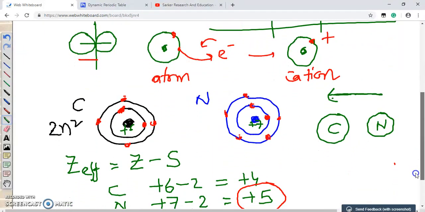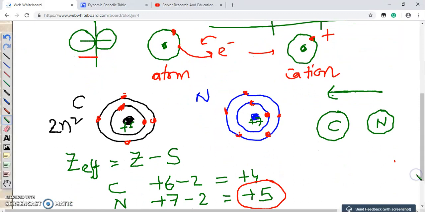Now we still need to determine the ionization energy. This is very obvious. This is the atomic size. The size is decreasing as we go from left to right, or increasing from right to left. So where will I have to give more energy in order to snatch the electrons? If I want to snatch one electron in both cases, since carbon has less hold from the nucleus on its outermost electron, I will have to give less energy here.